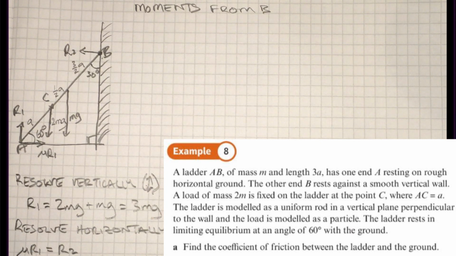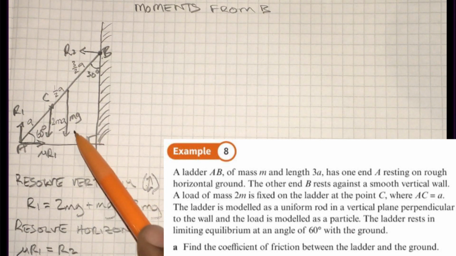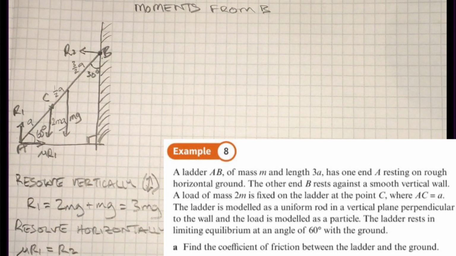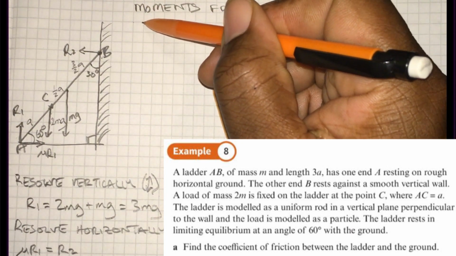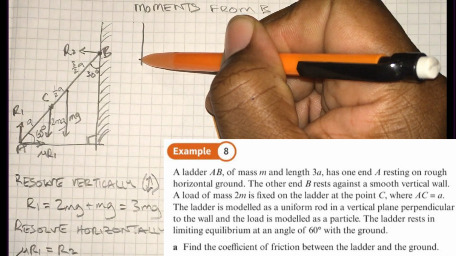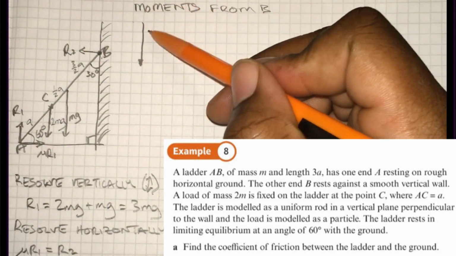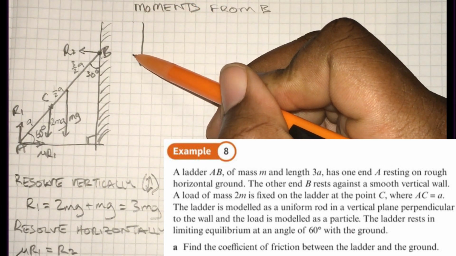So I just need to be really careful for each of these cases. What exactly will it look like? So I'm going to sketch each of the individual cases just to show how we're generating those moments. So for the mg, here's my line of action.